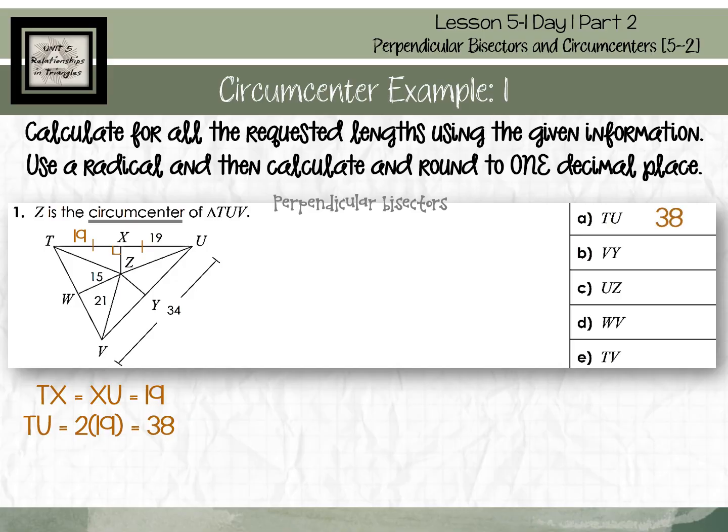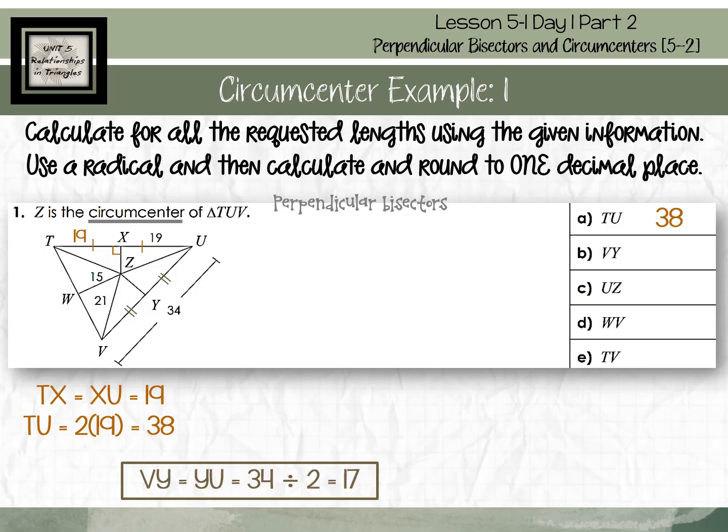The next thing we're looking for is the length of segment VY. If we look on there, we know the length of segment VU is 34, but ZY is a perpendicular bisector there. So those two are equal, and if we cut the 34 in half, each is 17. Next is the segment from the circumcenter to each vertex, and all of those are the same length.